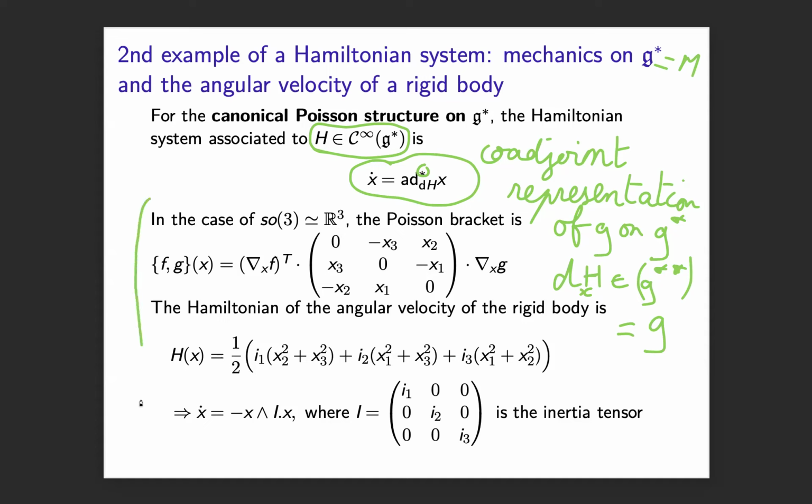And the rest of this slide is devoted to explaining an example in coordinates. So this is probably the most famous academic example of a Poisson Hamiltonian system on a Poisson manifold which is not symplectic. It's called the rigid body.